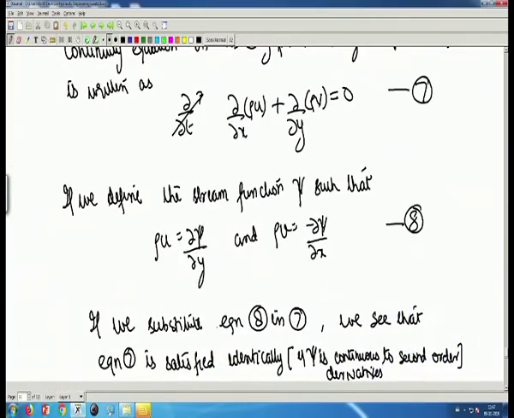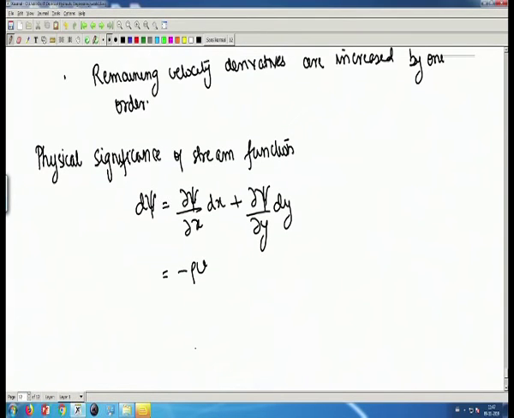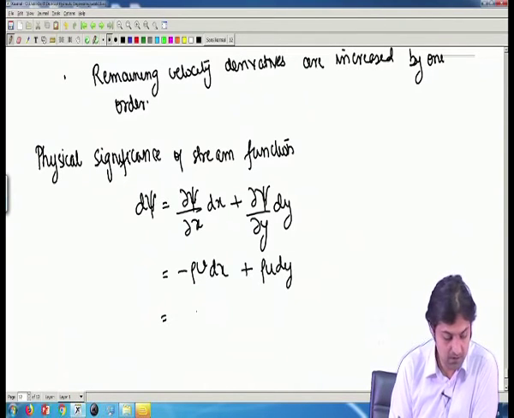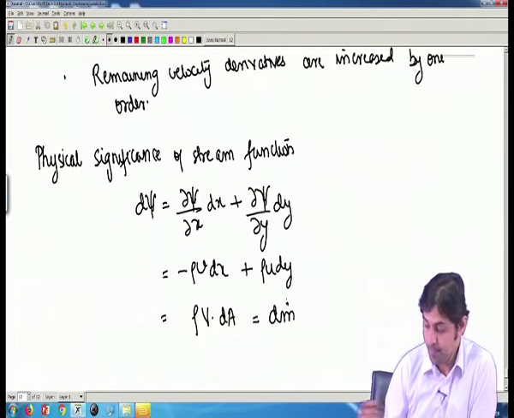Equation number 8, we use equation number 8, so it becomes minus rho v dx plus del psi by del y was rho u dy. All right, so this is nothing but rho V velocity vector into the area vector. All right, and this whole is mass flow rate.